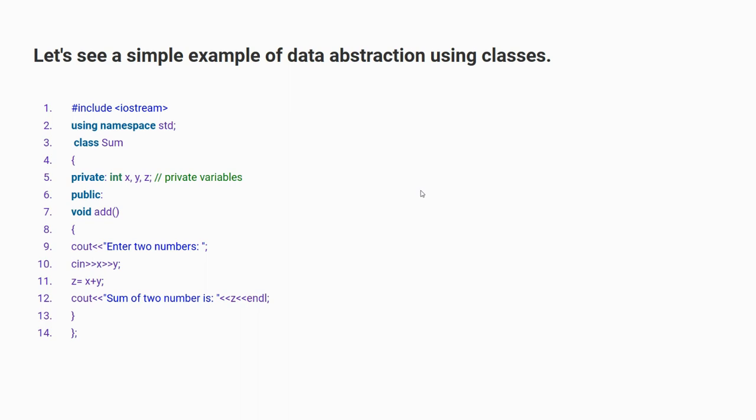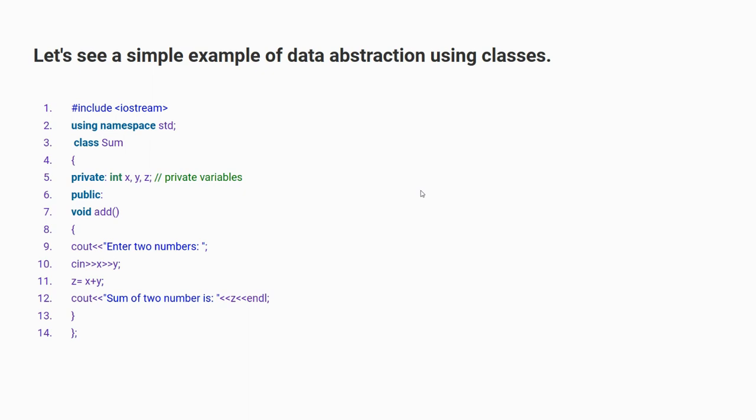We'll see another example of data abstraction using classes. Create a class named sum, and under the private access specifier you are writing int x, y and z. Under the public access specifier you are writing the method void add, in which you are printing enter two numbers and you are taking the input.